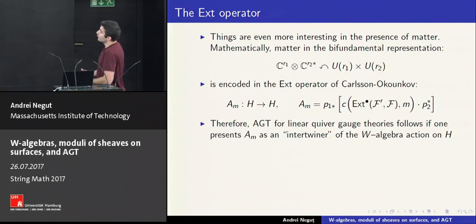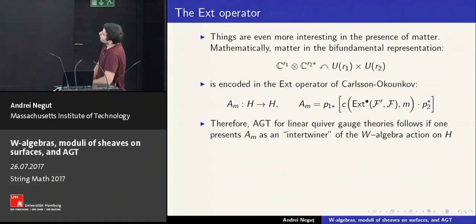So as a consequence of an analysis which physicists know quite well and I will not necessarily present here again, you can actually prove very mathematically AGT for linear quivers if you present the operator AM as an intertwiner for the W-algebra action. I mentioned in the previous slides that people write W-algebra actions on the cohomology group H. Well, it just so happens that this operator AM will behave like an intertwiner for these representations. So it has a representation theoretic interpretation.